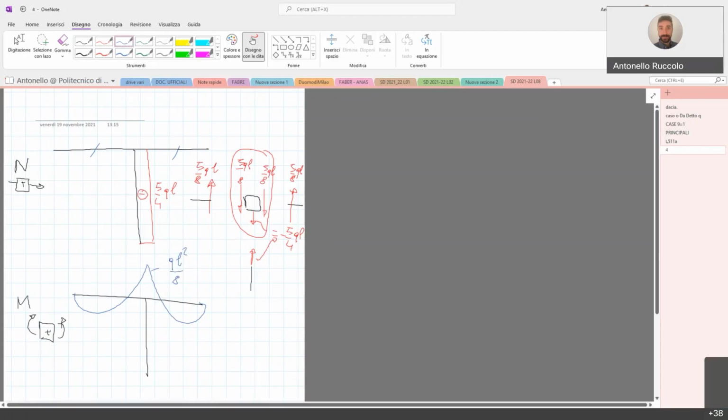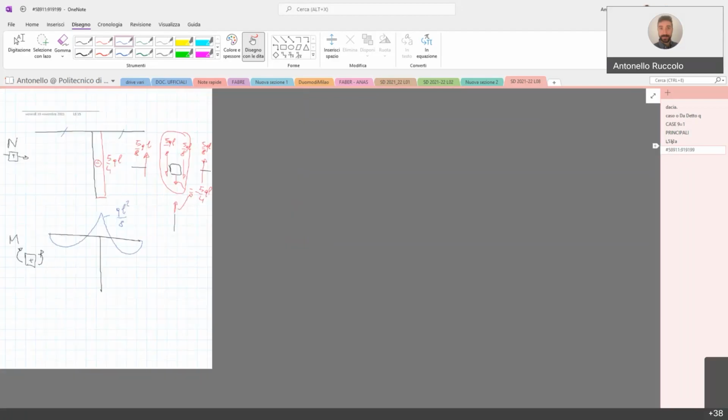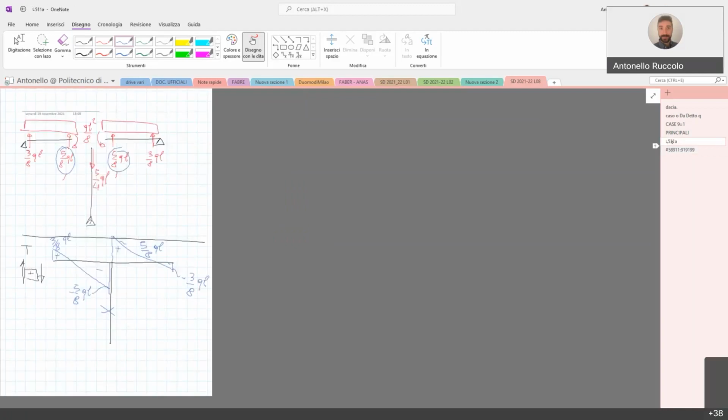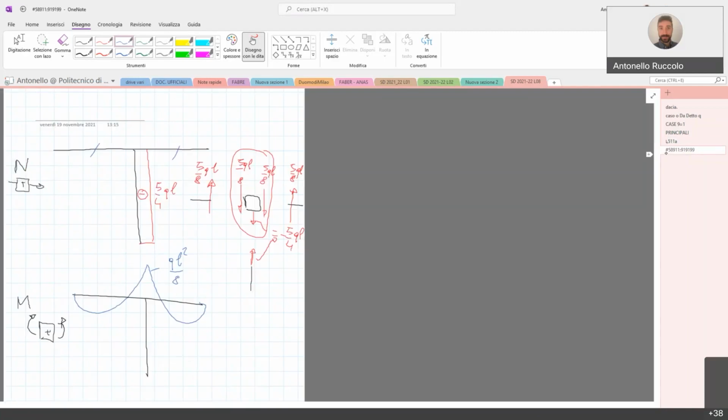In order to find the actual value, we have to impose the equation as usual, but that's trivial, and this is the result. Okay? No bending moment on the beam C.